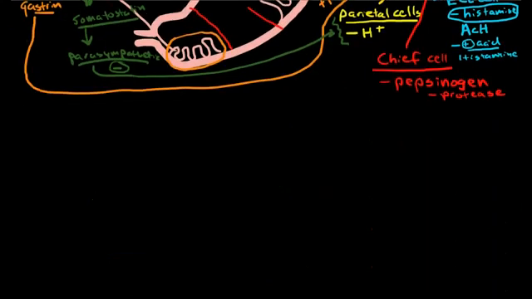Okay, now I want to go on and talk about the protective mechanisms, and I've alluded to some of them here. So this is just going to be putting them in a different status. So what are the protective mechanisms of the mucosa? Well, first of all, why do we need a protective mechanism?